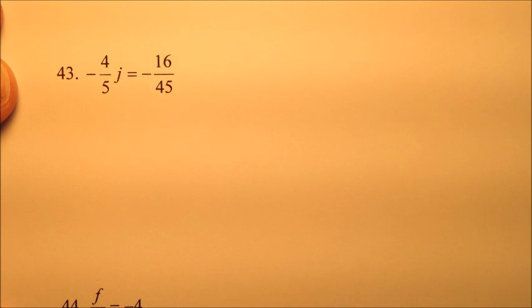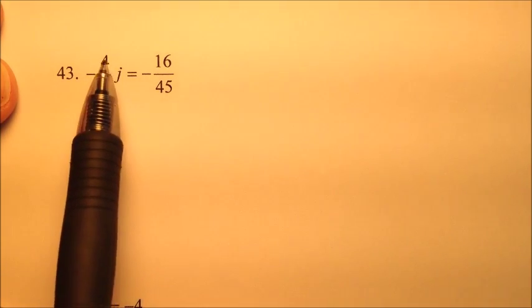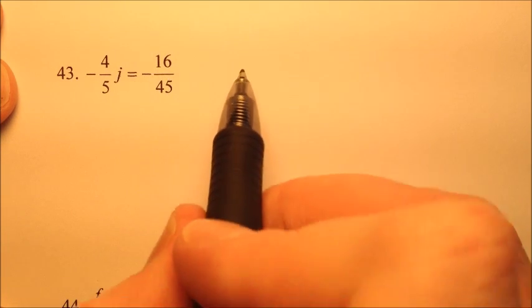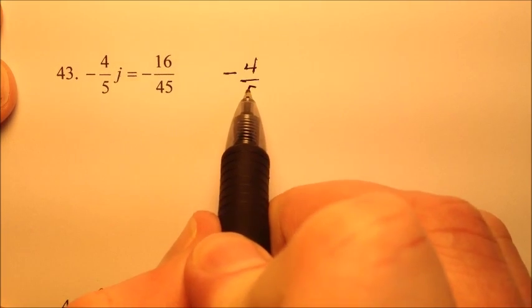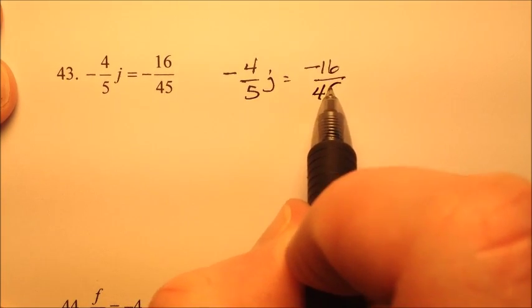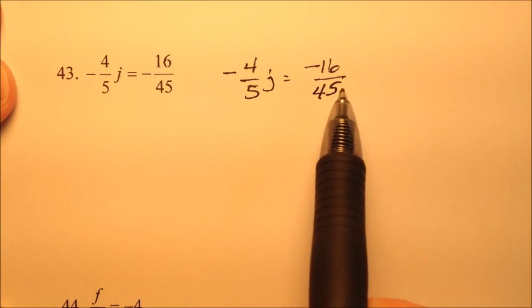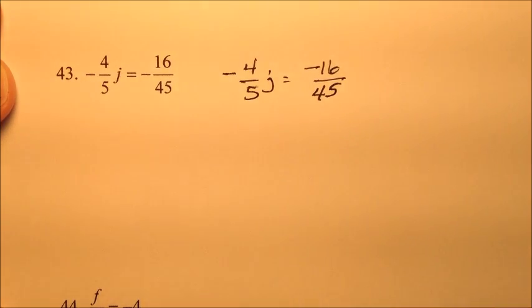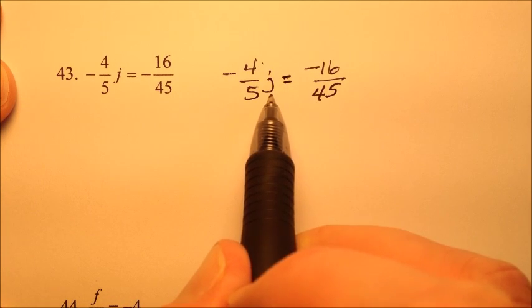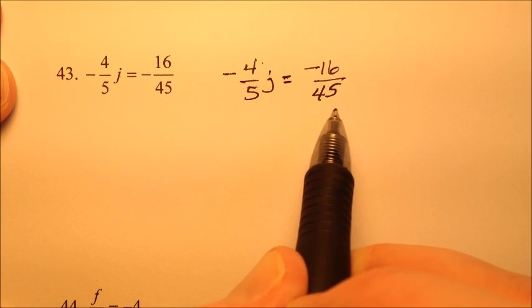Number 43 is similar to the last example, where we have a value multiplied by our variable and it equals something else. So, like I did last time, I'm going to rewrite it so I have a little more room to work. And we have -4/5 j equals -16/45. And like we did last time, we had this -4/5 being multiplied, so we're going to divide both sides by -4/5.